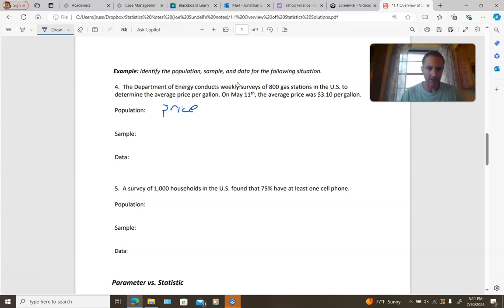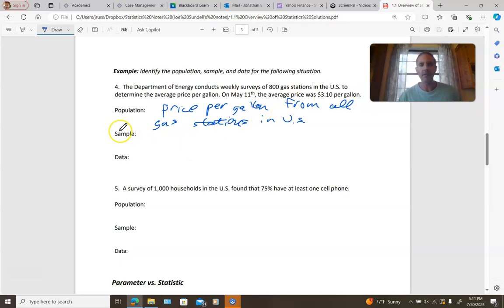Actually, I may just be able to finish this one. Price per gallon from all gas stations. Okay, and then we're going to say in the U.S. because that's what we're considering here.